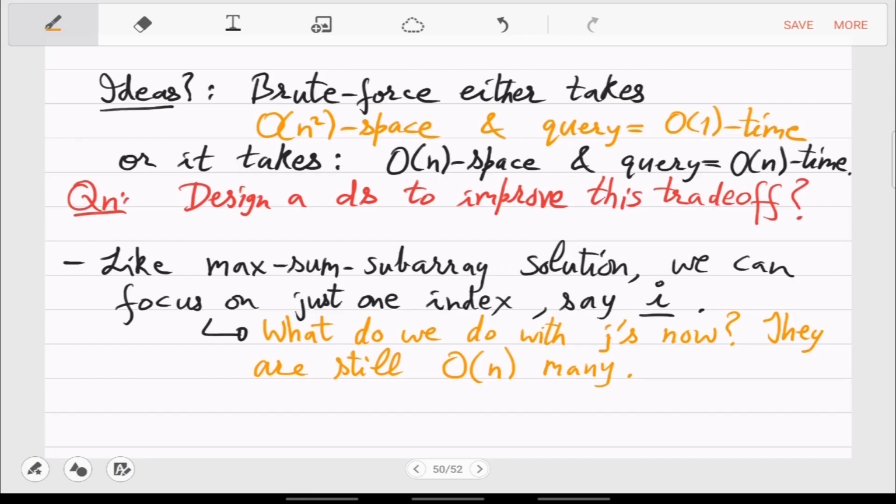But anyways, we'll stay with this one point that let's keep i as our primary index and try to somehow subdue j, since we need to account for every j in the query.